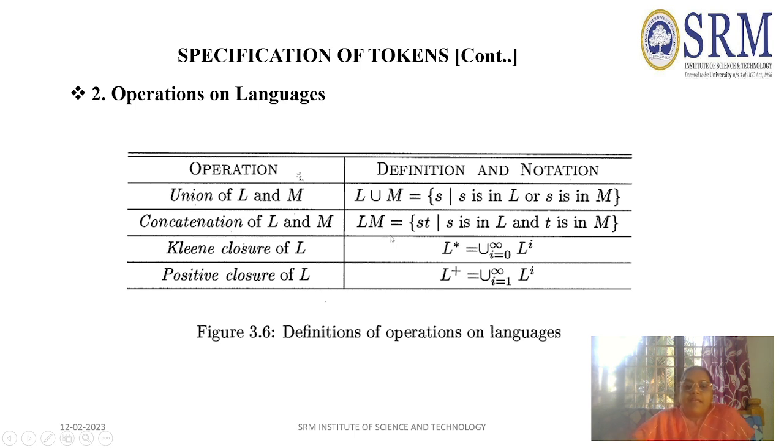Say for example, I am having an identifier called A1, where A belongs to the language L and 1 belongs to the language M. Consider L is the language with alphabets A to Z, and M is the language with the digits 0 to 9. So if I am having an example like A1 here, A belongs to L and 1 belongs to M.